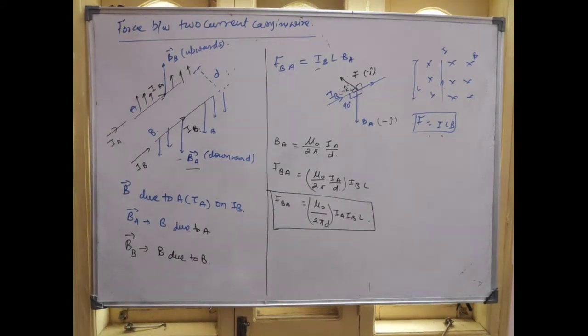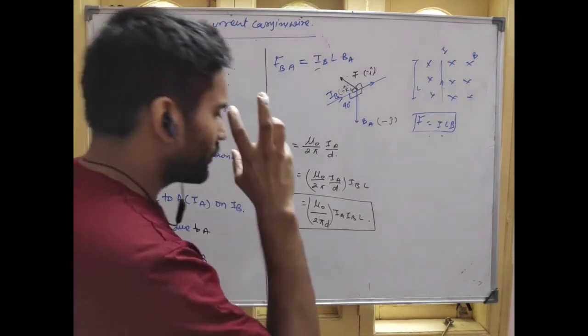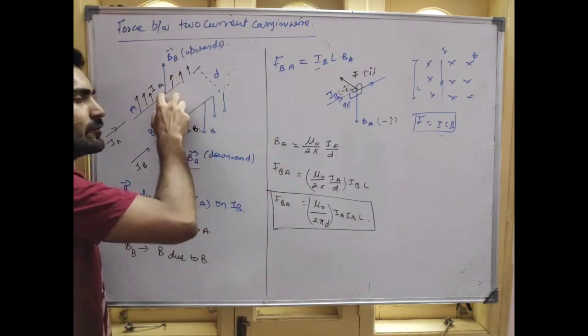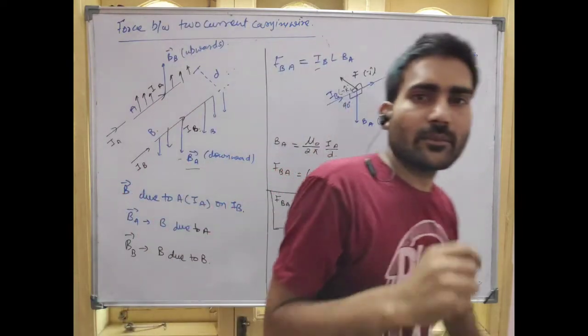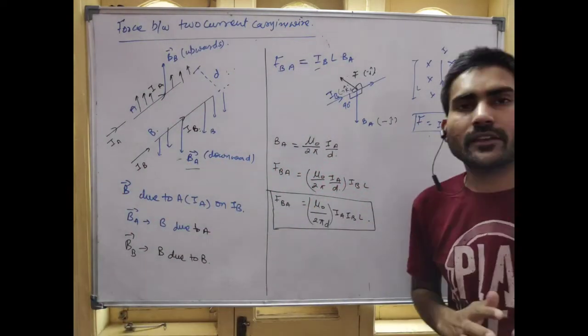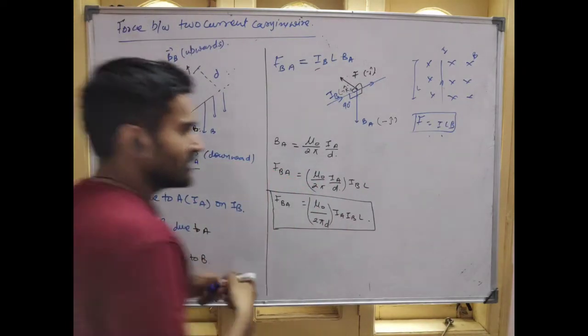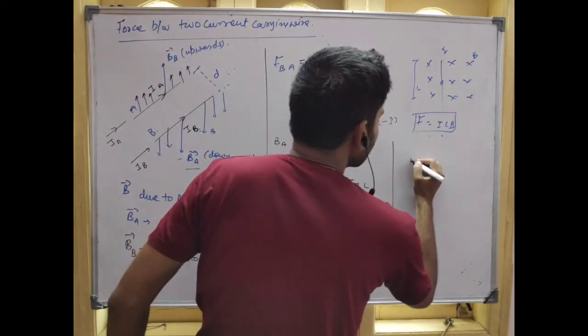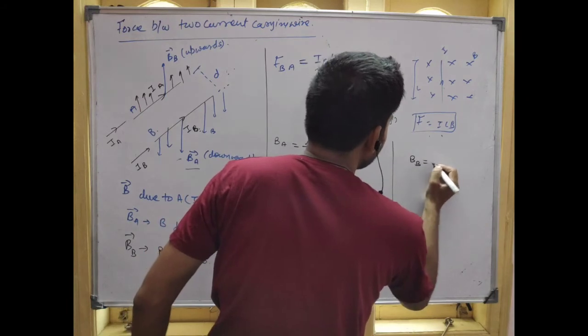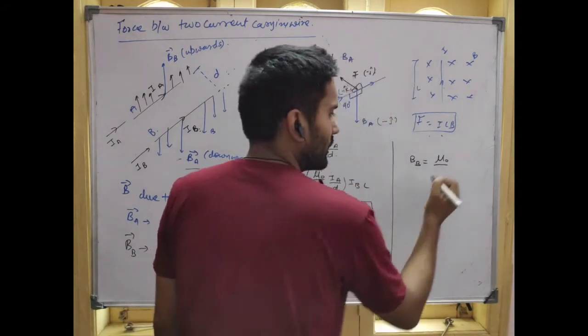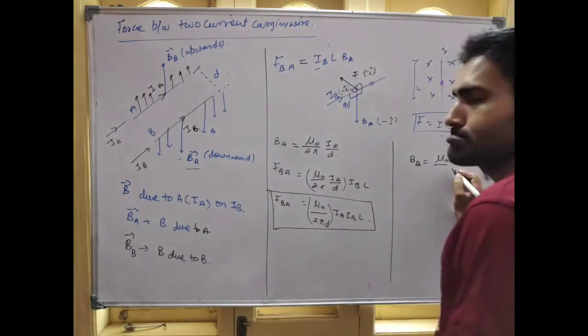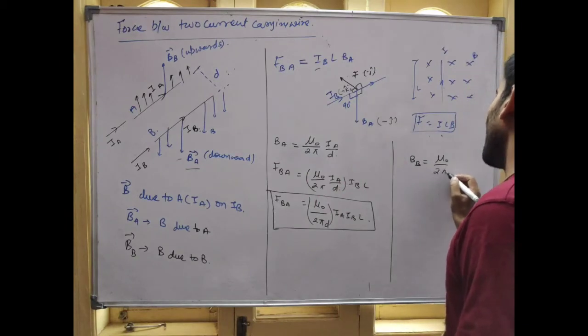Okay. See, guys, the force on the wire A will also be same as this, right? Because you see, the magnetic field is generated here. Just tell me what is the magnetic field due to A? What is due to B? Tell me. That is mu naught by 2 pi D IB, right?